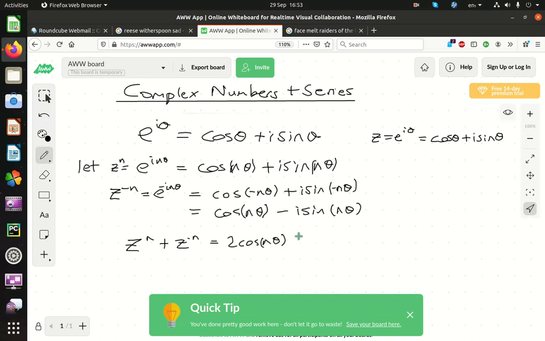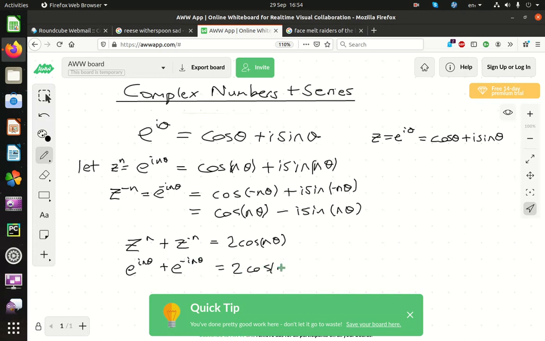You really do. And in particular, bearing in mind that z to the n is e to the i n theta, what we could say is that e to the i n theta plus e to the minus i n theta is 2 cos n theta.